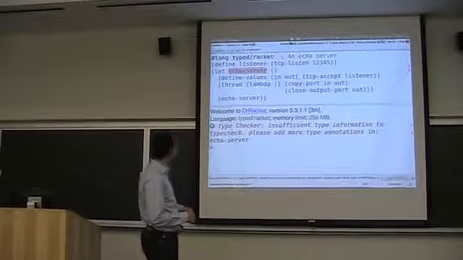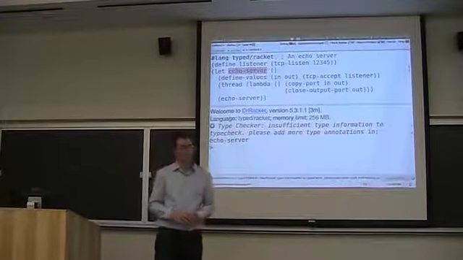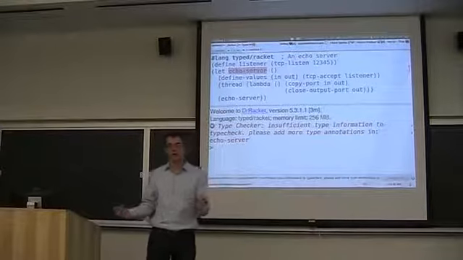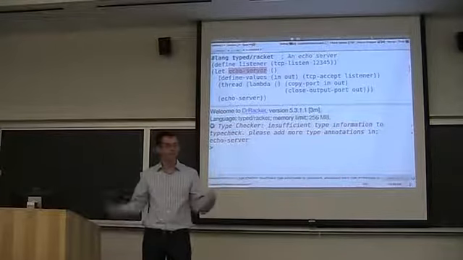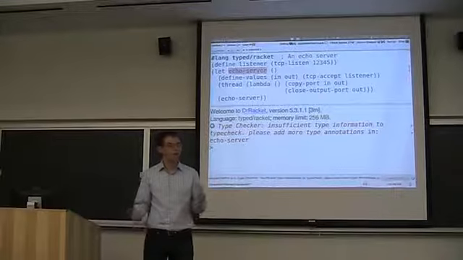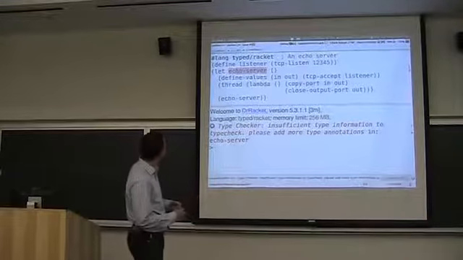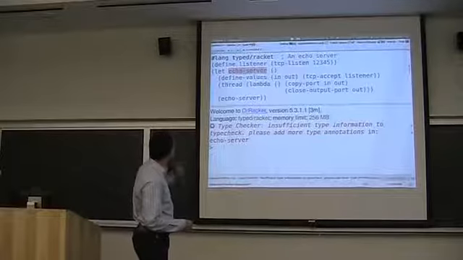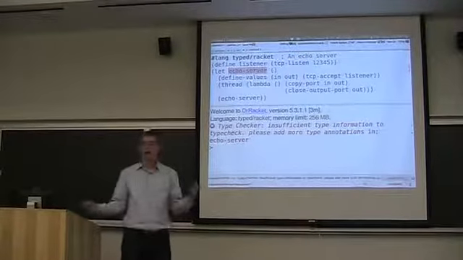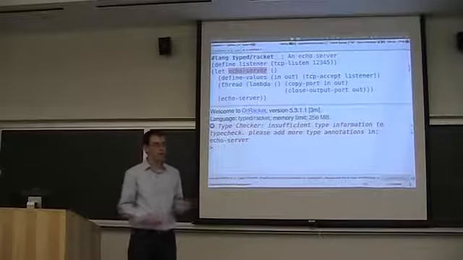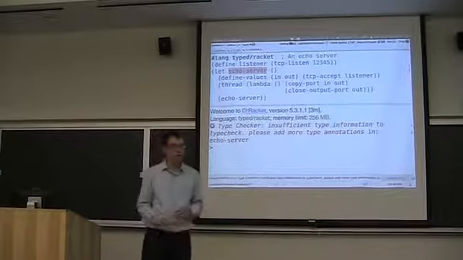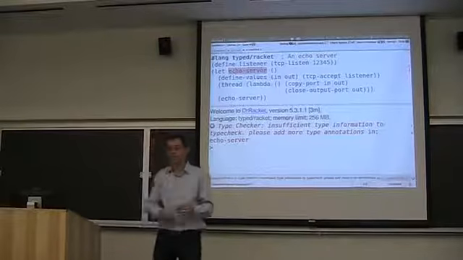We're going to have to tell it what the type of echo server is. And what is the type of echo server? Well, it's a function, right? And it's a loop. You saw lots of loops like this. And how many arguments does it take? Zero. Zero arguments. And what does it return? It doesn't return. That's a trick question because it doesn't return.